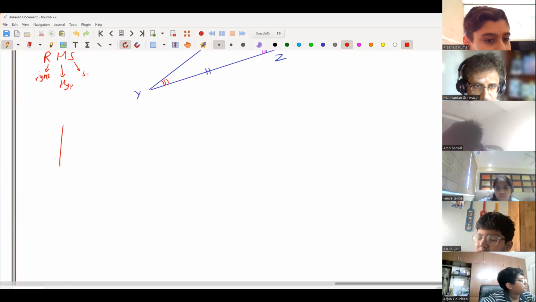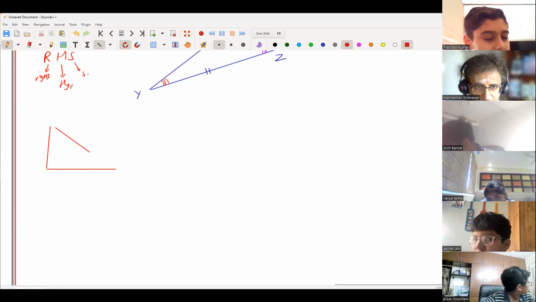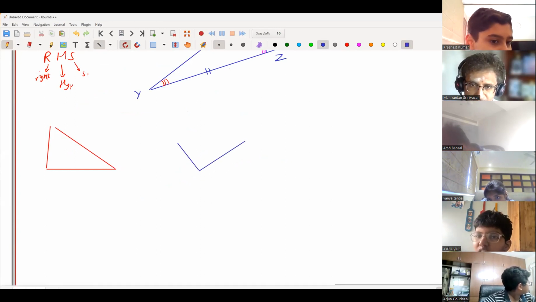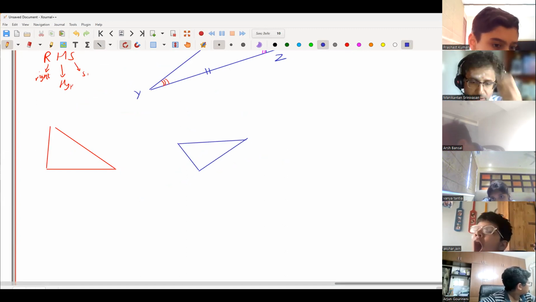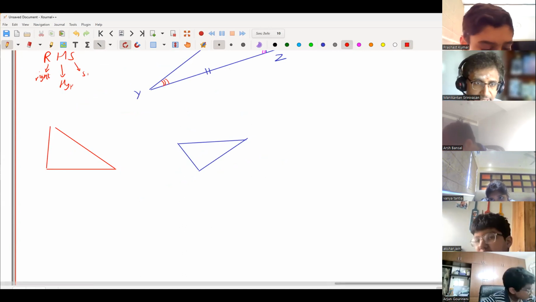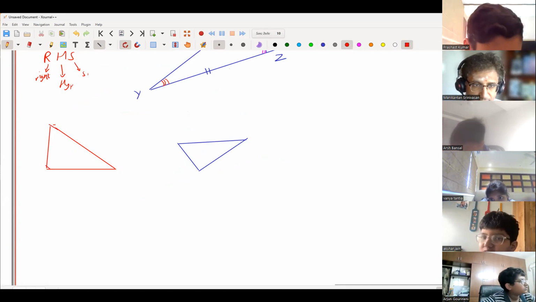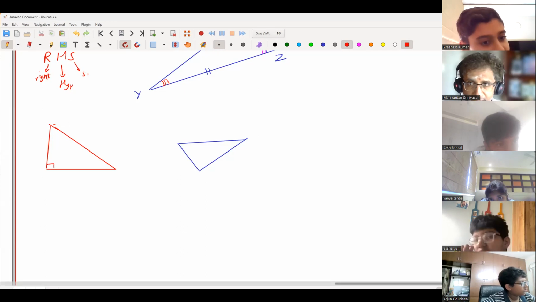So this is one right angle triangle here. And then suppose I draw another right angle triangle here. Okay, and suppose, first of all, the first information that's given is the right angle, which means this angle is given to be equal to 90.